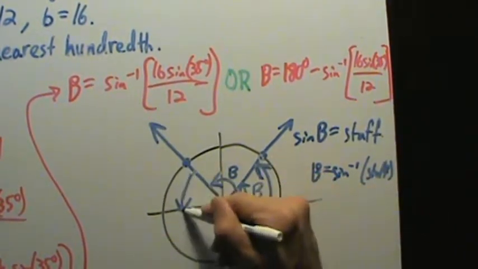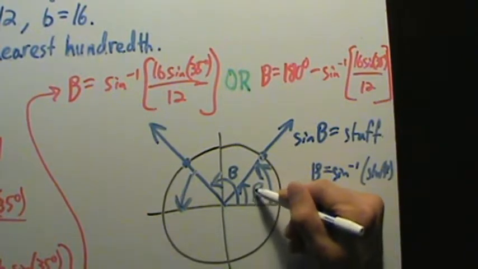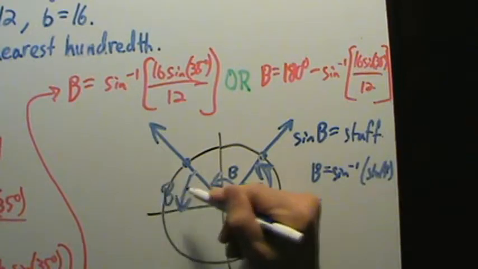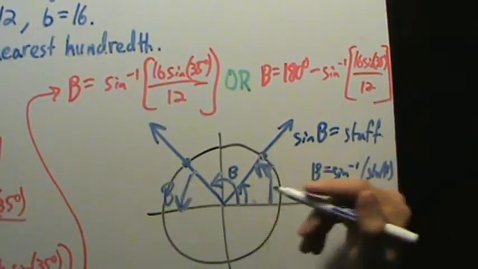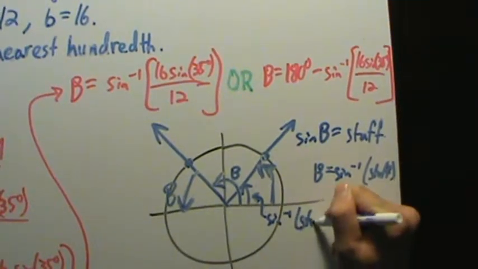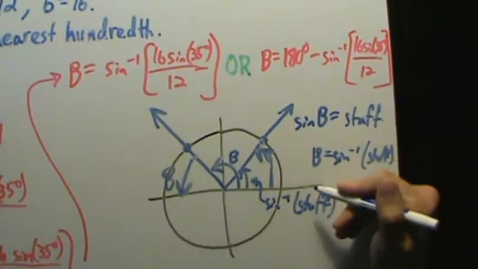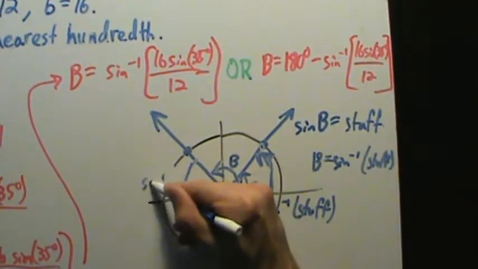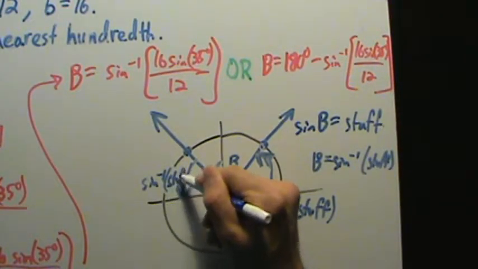So since this is angle B, this is also the same angle B here. This angle right here is the inverse sine of stuff.